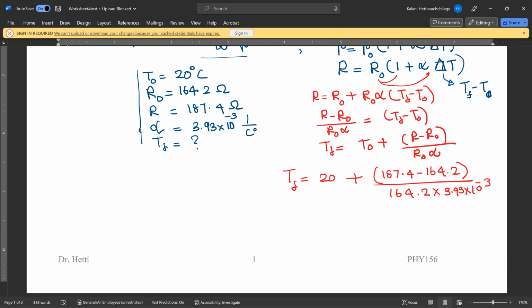Since everything is in SI units, the final answer will come out in centigrade. Let's see what values I have. I have around 56, adding the 1.664 to make it correct, so 56 centigrade. That will be my answer to question number 1.